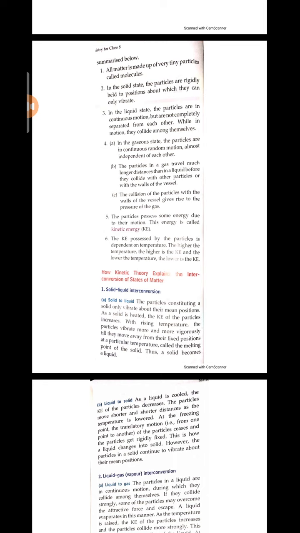The higher the temperature, the higher is the KE, and the lower the temperature, the lower is the KE. So when the temperature is higher, the kinetic energy will automatically be higher, and when the temperature is lower, the KE is lower automatically.